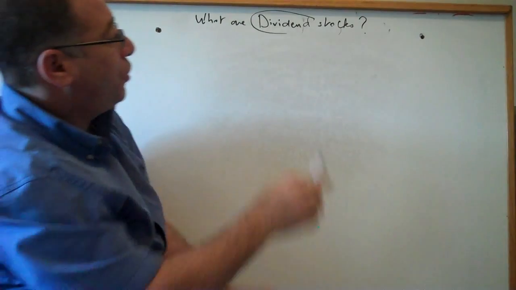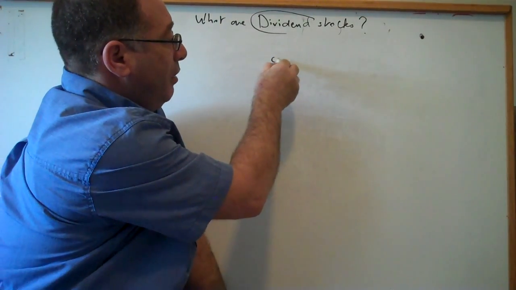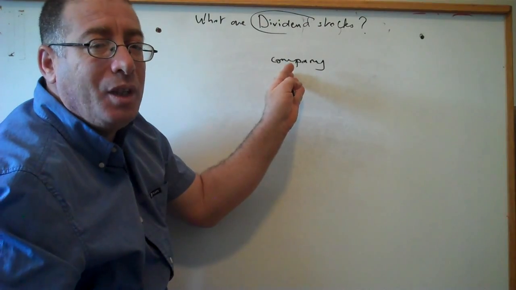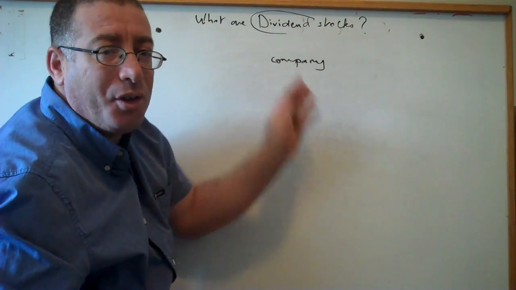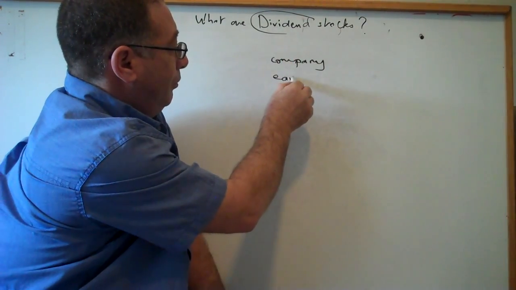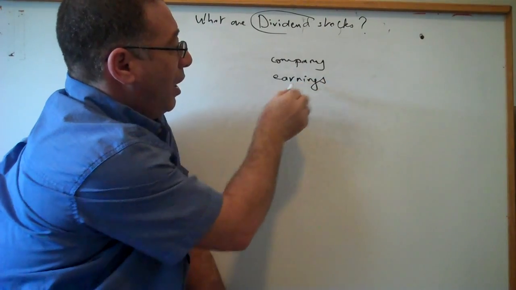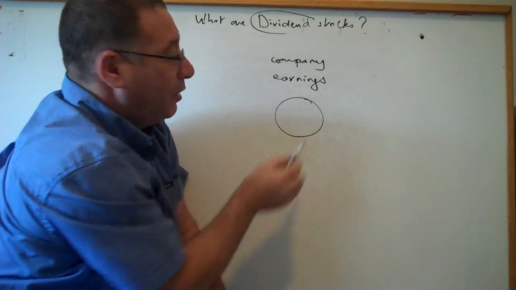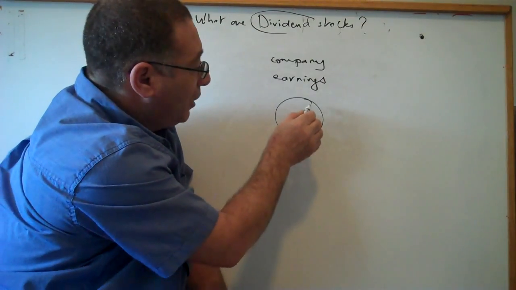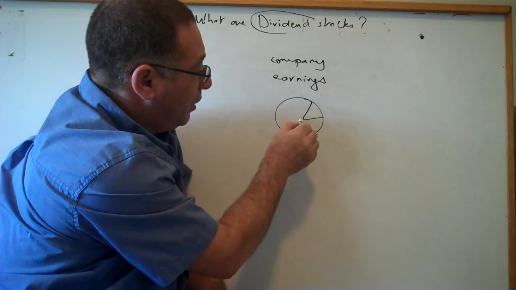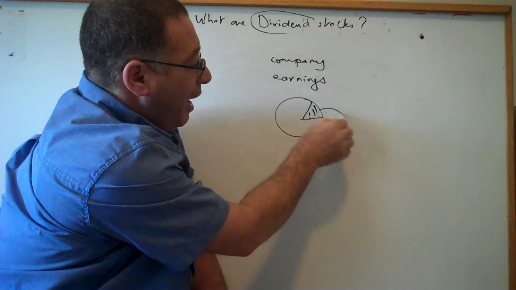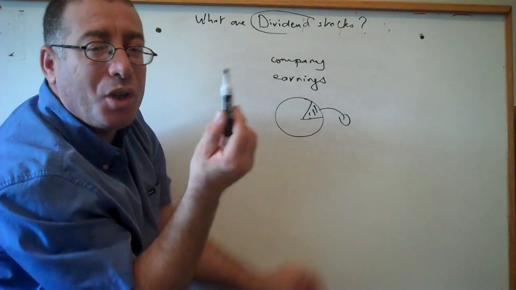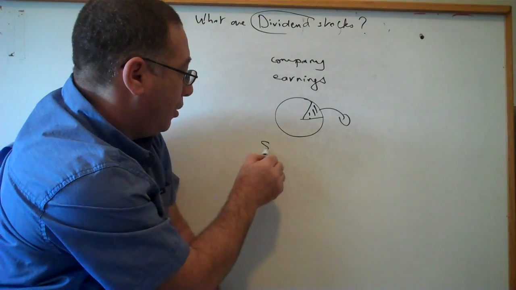Okay, so we have a company, and it has earnings. Now, for example, this is their earnings. They take part of the earnings, and they give it to the people who buy these stocks, which are called shareholders.